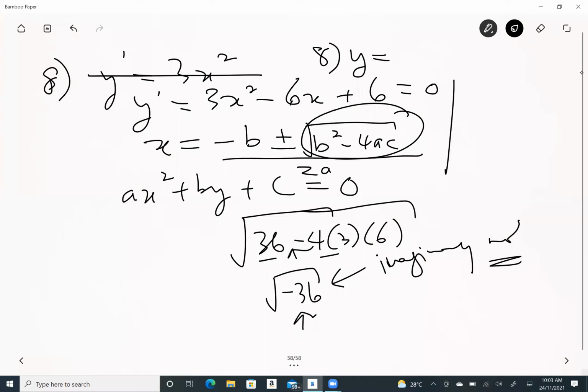Y equal to x cube plus plus plus x squared, you put a negative sign, negative 6x. So that is the one that we change. Instead of positive, at first it was positive, you change it to negative. Then you will get 36. Then you get a real number. Otherwise, you will get a complex number.